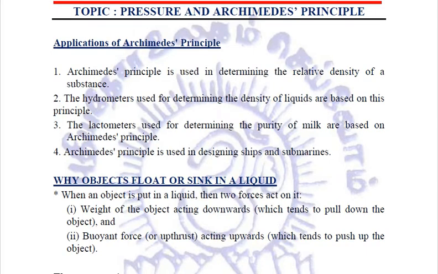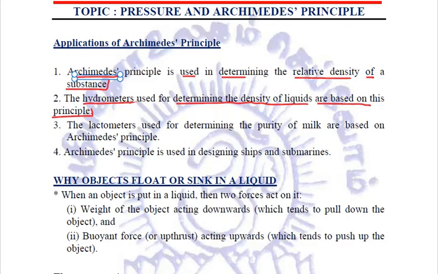Now this Archimedes principle has various applications. Let us try to relate them, they are all important. This Archimedes principle is used in determining the relative density of any substance. The second application is in hydrometers. These are the devices which are used for determining the density of liquids, and these hydrometers are based on this Archimedes principle only.